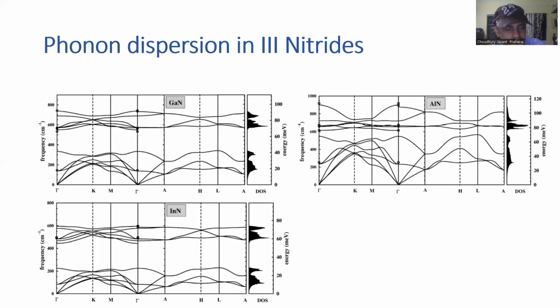So it's not just the effective mass, but also the phonon dispersions and the phonon-related material parameters that are relevant for determining material constants like mobility, which then decide device characteristics in devices made from these materials.